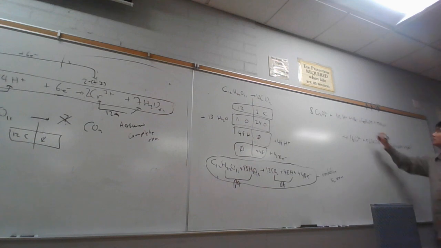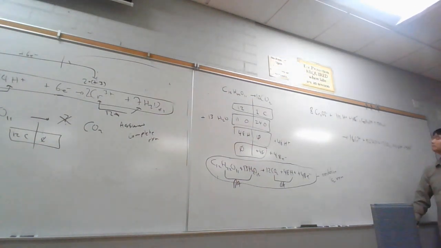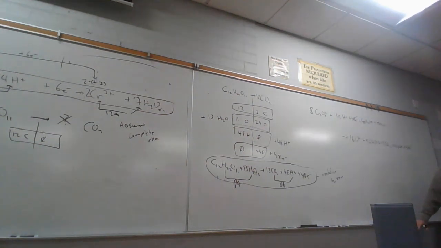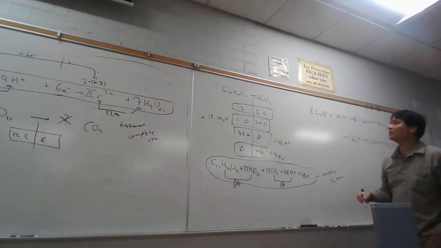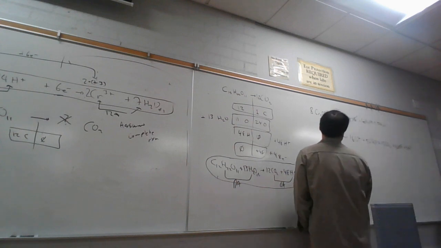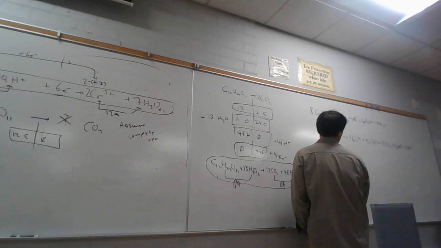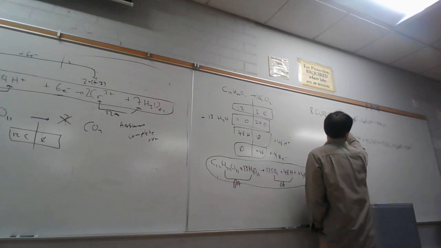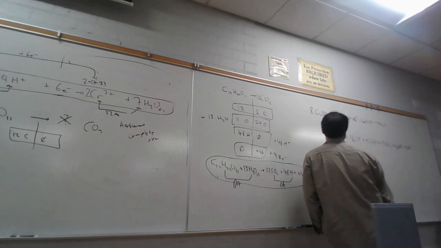So the 48 electrons should cancel. What else cancels? 48 H pluses will cancel. So 112 minus 48 is 60, 70, what? 74? 64 H plus.